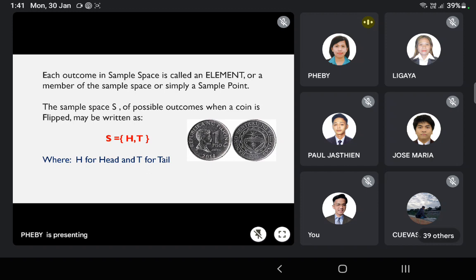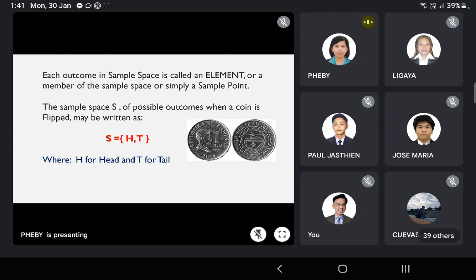The sample space S of possible outcomes when a coin is flipped may be written as S equals HT, wherein H is for head and T for tail.